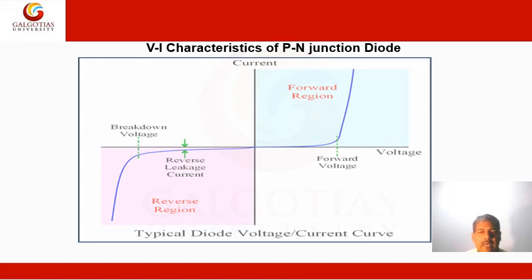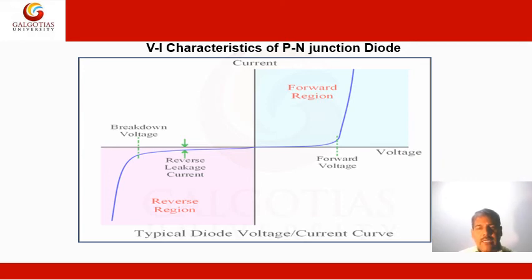While the reverse bias condition is shown through this blue line graph. This curve shows the characteristics, and the voltage at which the current increases drastically is named the breakdown voltage. So this is the typical characteristics of a PN junction diode.